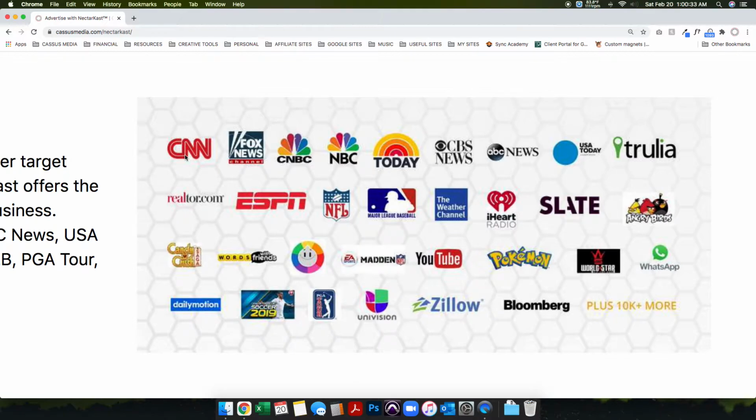So here's the thing: when you put Google ads on your blog, you're only going to get Google ads. When you put NectarKast on your website, you're only going to get NectarKast ads, the people who are advertising with NectarKast. However, a lot of these big companies will use several of these companies.